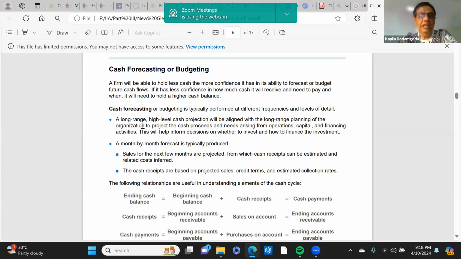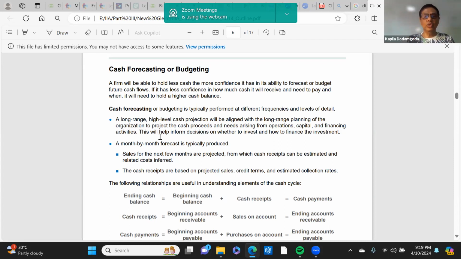What it says is a long range, high level cash projection, not short term, long term at a high level, not a very detailed cash projection, will be aligned with the long range planning of the organization to project the cash proceeds and needs arising from operations, capital and financing activities.